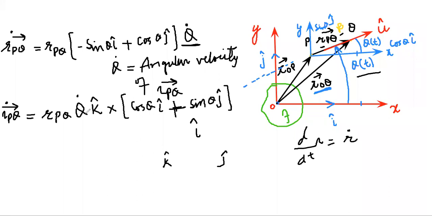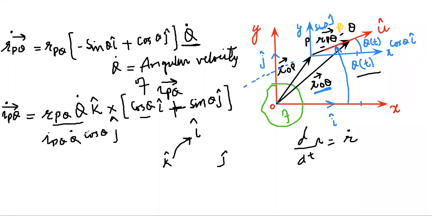First, you have rpq theta dot multiplied by cos theta. Then you have k cross I. When you write k cross I, you are going in cyclic form. K cross I is equal to j cap. So you got the first expression as rpq theta dot cos theta j cap.